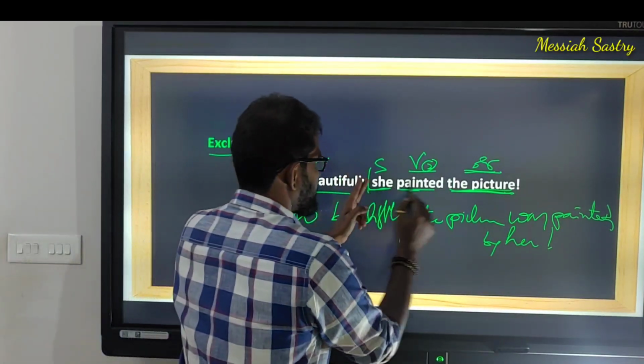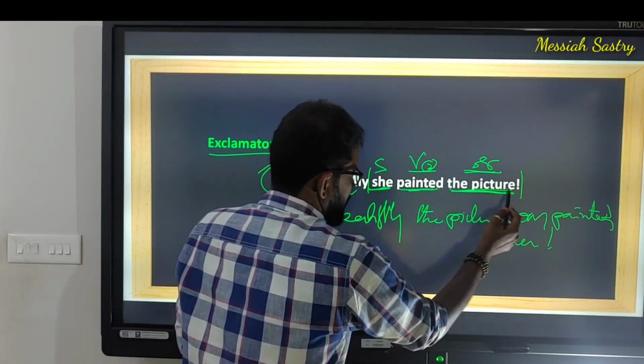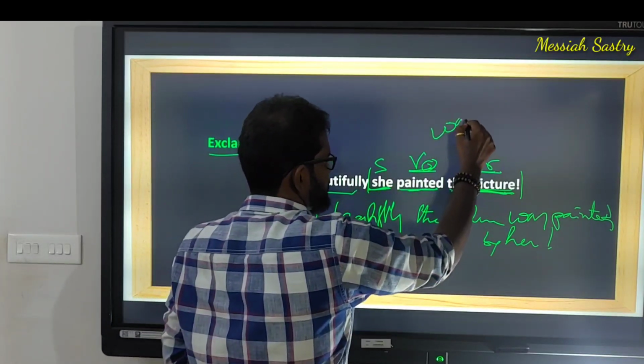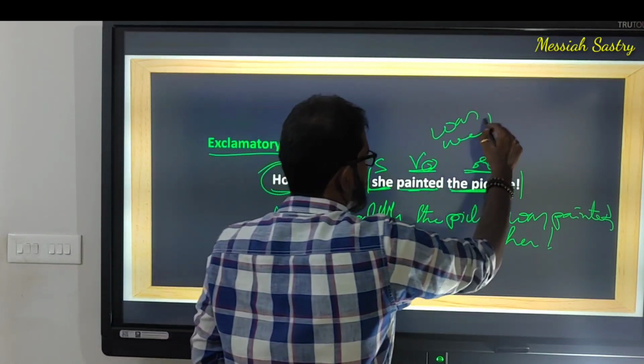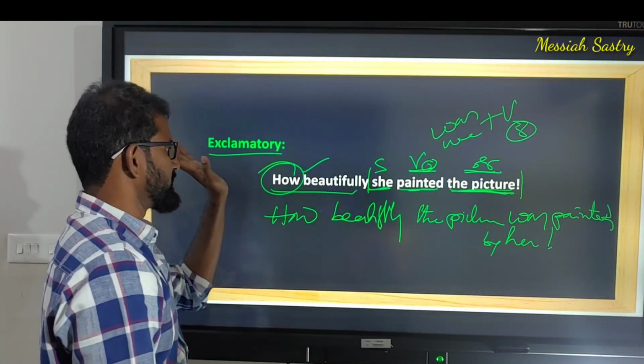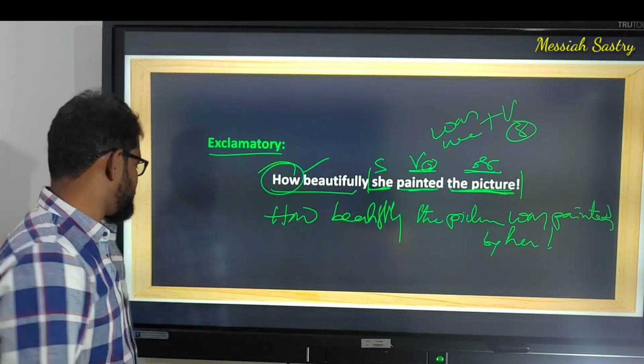So just like an assertive sentence, we change it, because it's subject, verb, object. So we bring the object, and the passive form for V2. What is the passive form for V2? Was, the verb, plus V3. So we write that. So exclamatory sentences, very few have active and passive.